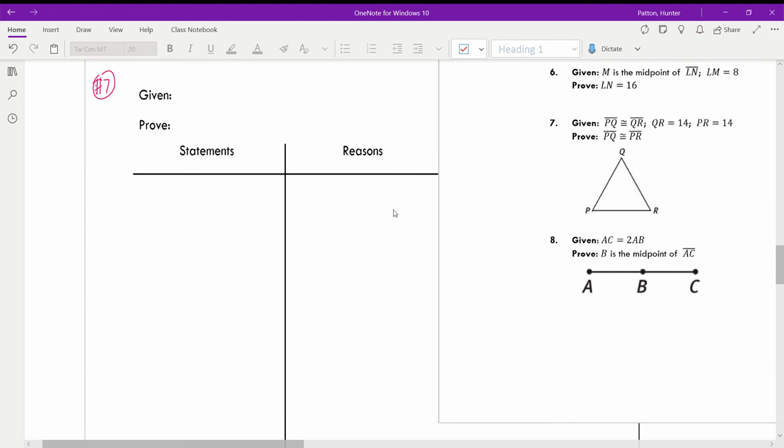QR is equal to 14, and then PR is also equal to 14. We want to show that PQ and PR are congruent.